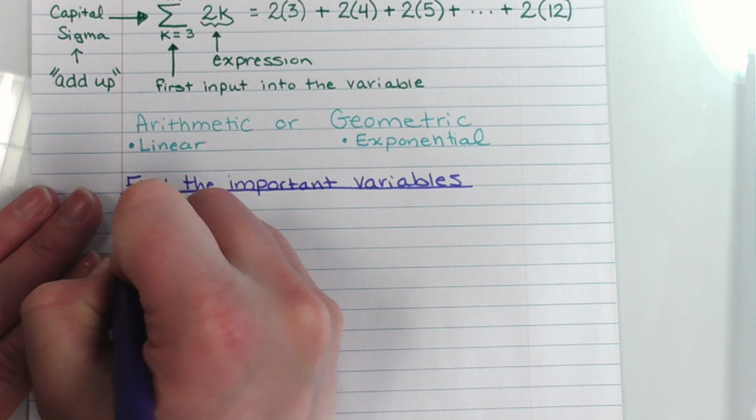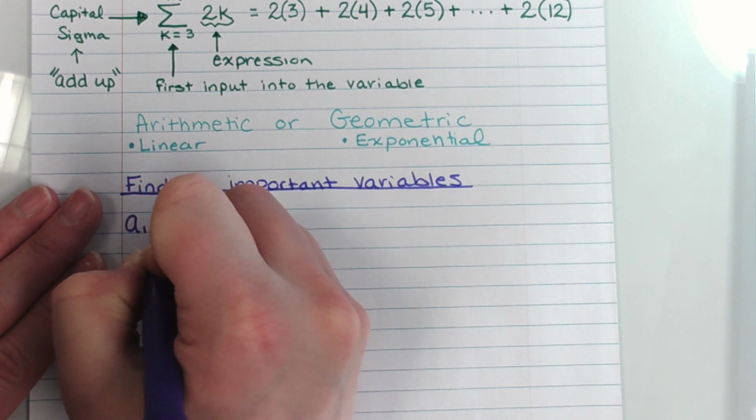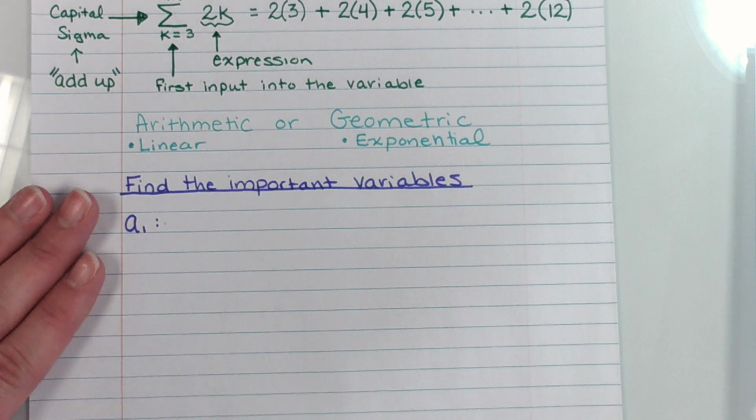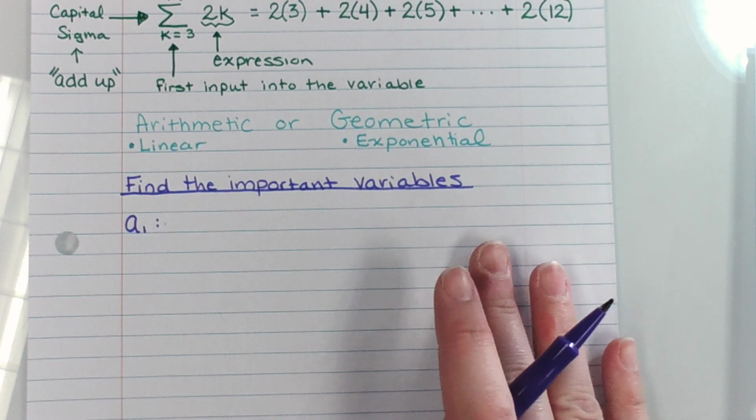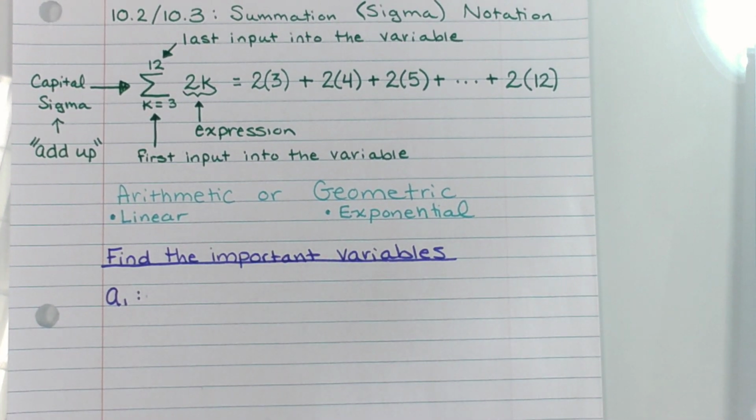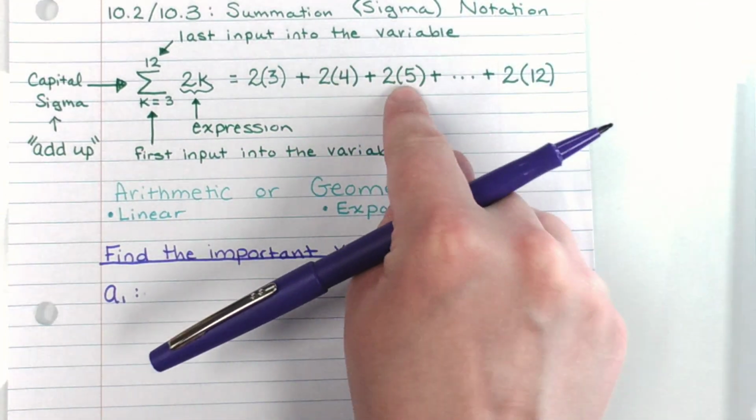You have to find things like a sub 1. A sub 1 is the first term in a sequence or a series. In this case, for this one, that first one was that 2 times 3. In other words, 6. Where did the 2 times 3 come from? Why did I start it as 2 times 3 and then 2 times 4, 2 times 5?